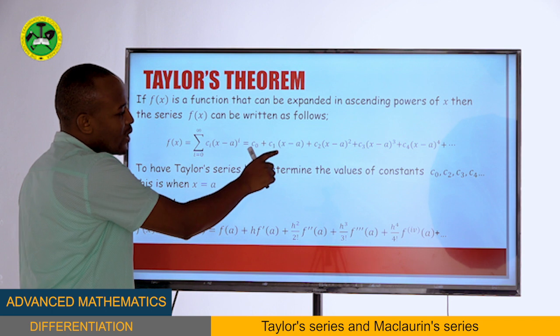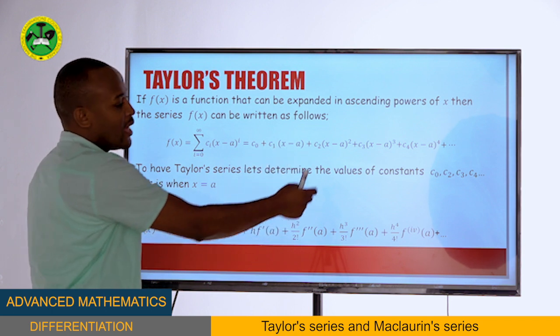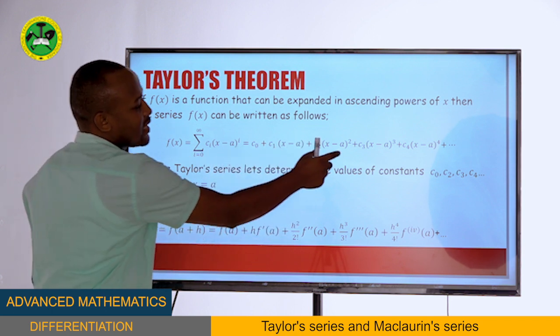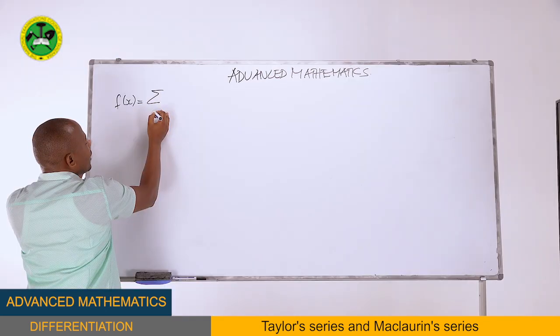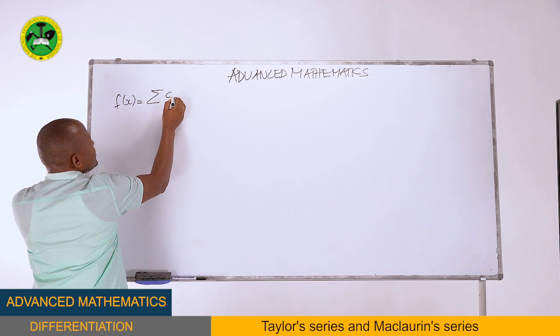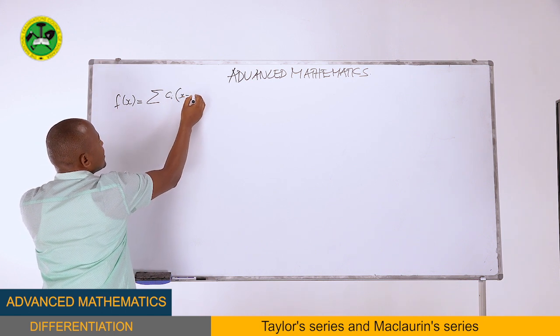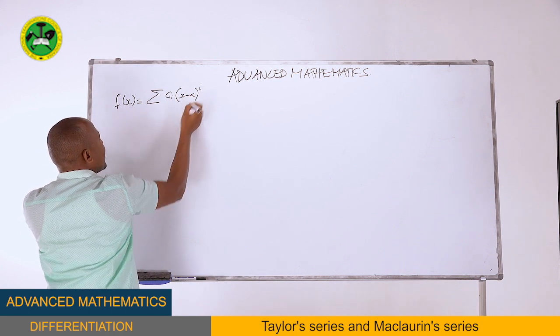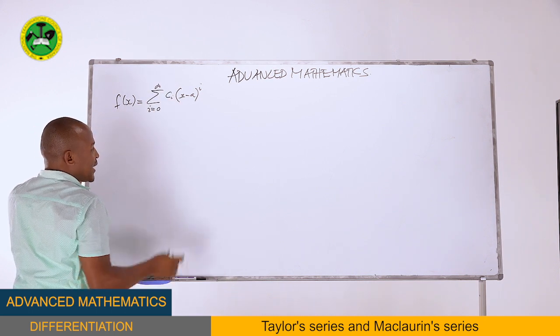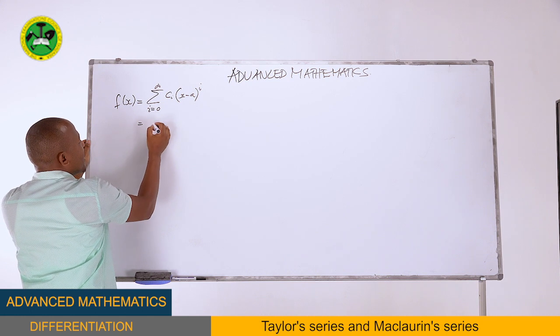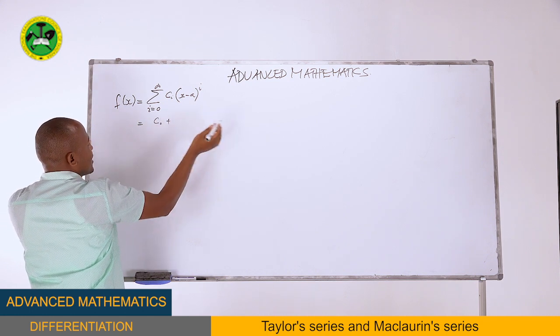And then when we put 1 there, that factor will come up. And then when we put a 2 where i is, that factor will come up. That is the sum of c sub i times x minus a raised to i, and i starts from 0 to infinity. That means we have c sub naught, as I said earlier.